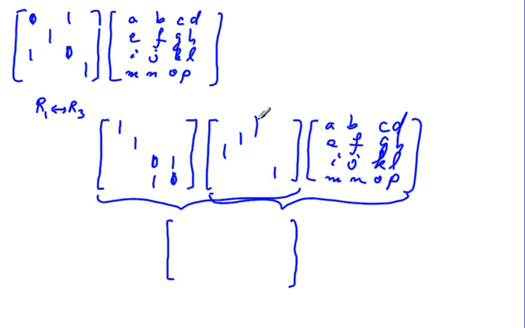Let me fill it in. This is going to be 0, 0, 1, 0, 0, 1, 0, 0. Exchange these two. So 1 comes here, and this 1 comes down here.